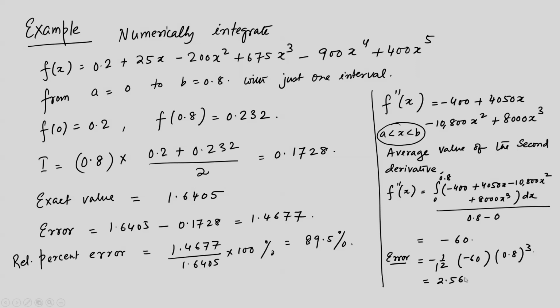And you see that the actual error is 1.4677, and we are getting 2.56 from the error estimate that we have done earlier, which is proportional to the double derivative. Of course, they are different, but one important thing is that they are of the same order of magnitude.